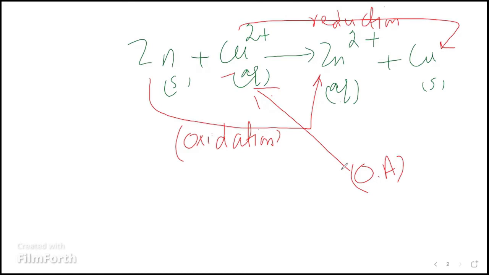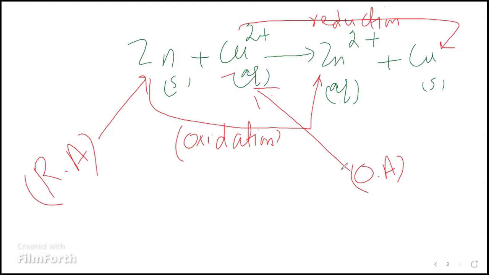But here zinc is giving electrons to copper, reducing copper 2 ions into copper. Copper 2 ions are reduced by zinc to form copper. So zinc is acting as a reducing agent. We shortly write it as RA for reducing agent. Zinc metal is more reactive than copper.